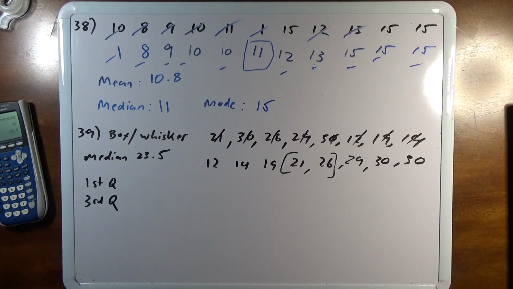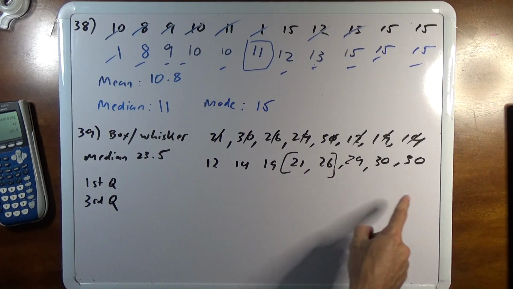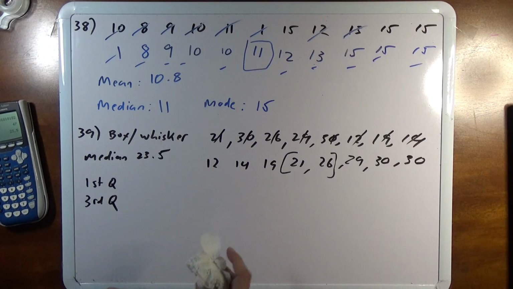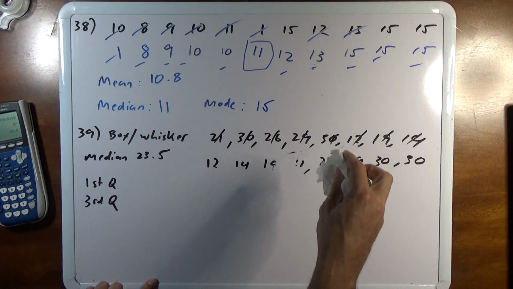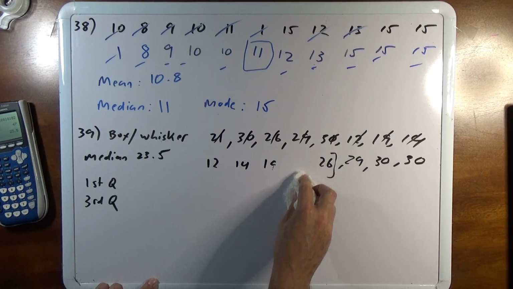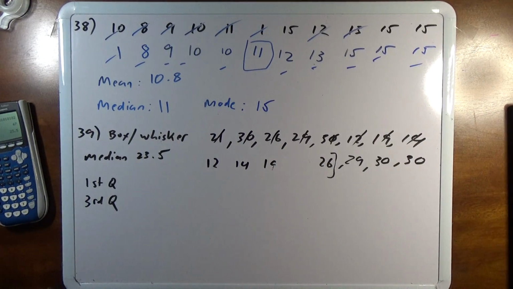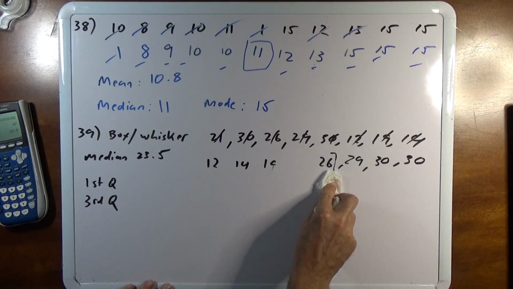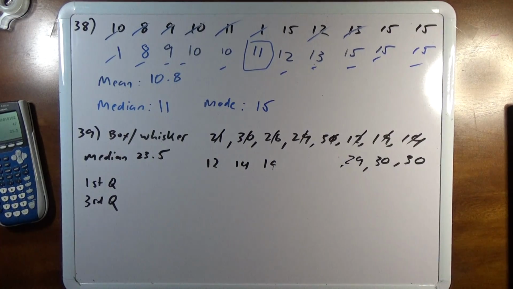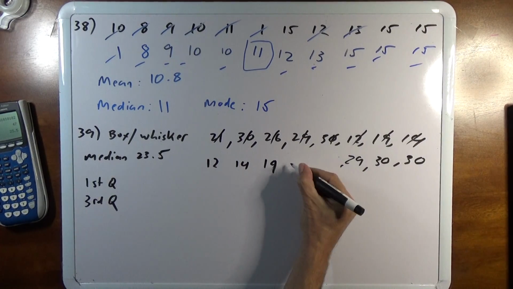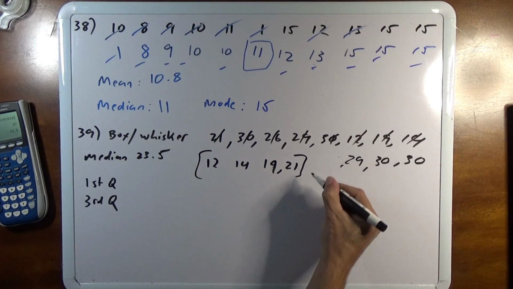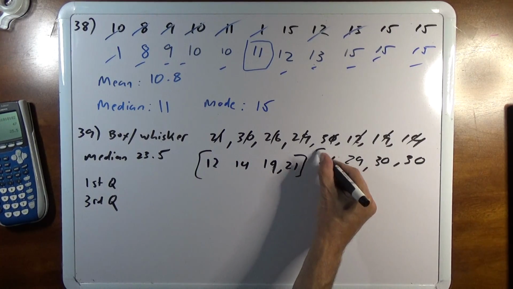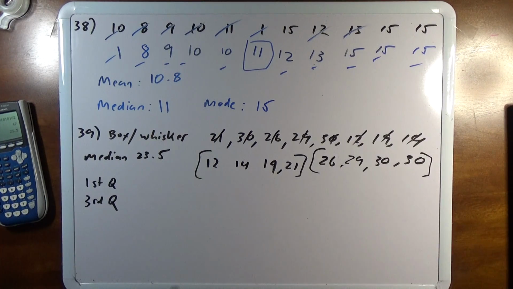So to do those, when I have an even number, I can go ahead and include this left 21. So I know they're 21 and 26. I can erase those. So 21 will be in the left half, and then 26 will be in the right half.